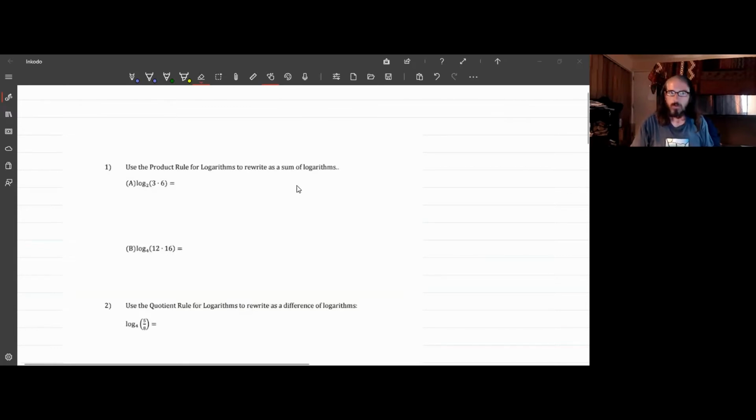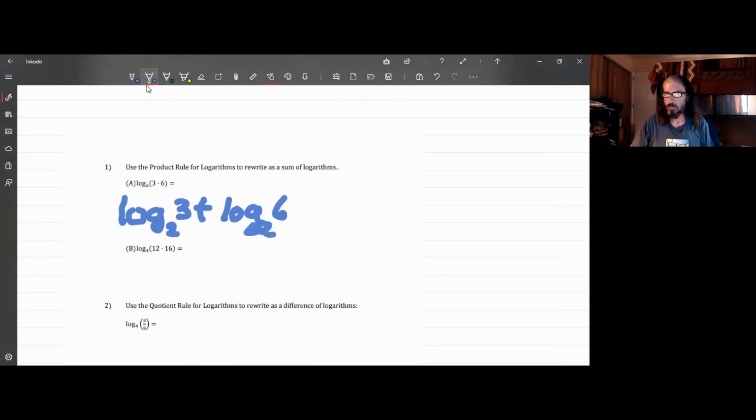So, on this first one, that would give us the log of 3 in base 2 plus the log of 6 in base 2. That's the answer that we're looking for.